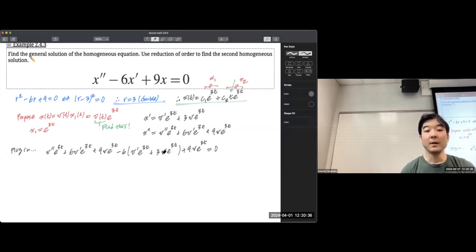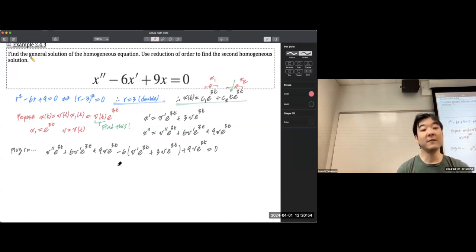So just keep in mind that all the v's are functions of t. I'm just not writing the parentheses of t for each of these because that would be a lot of writing.